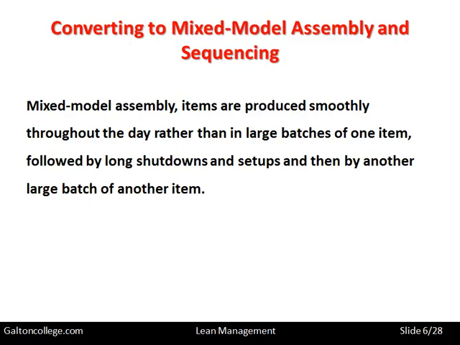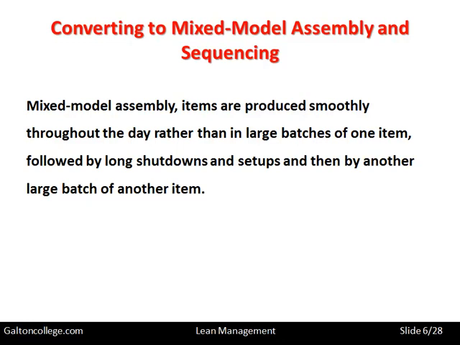So large batch processing is wasteful. The idea of the lean approach is to have continuous, smooth production. Well-maintained machines, well-trained workers, items like raw materials and components arriving just in time to start off the process, and at the final stage, when the items go to dispatch, they go to complete an order that's already been received.